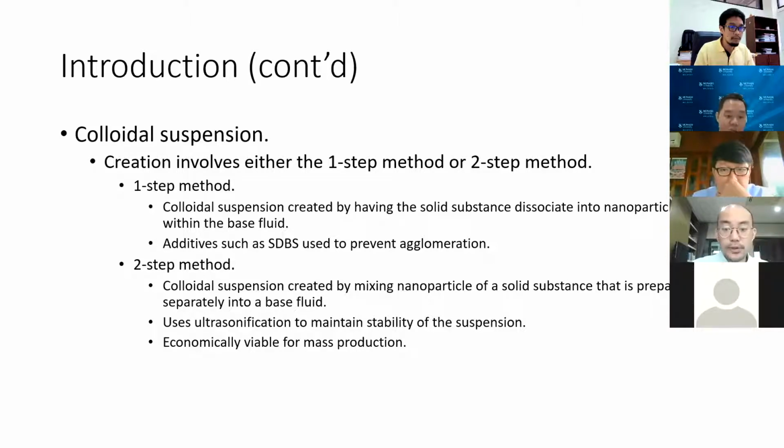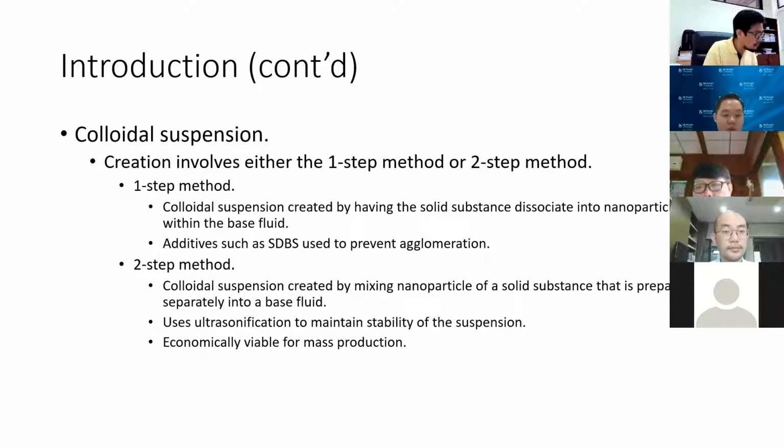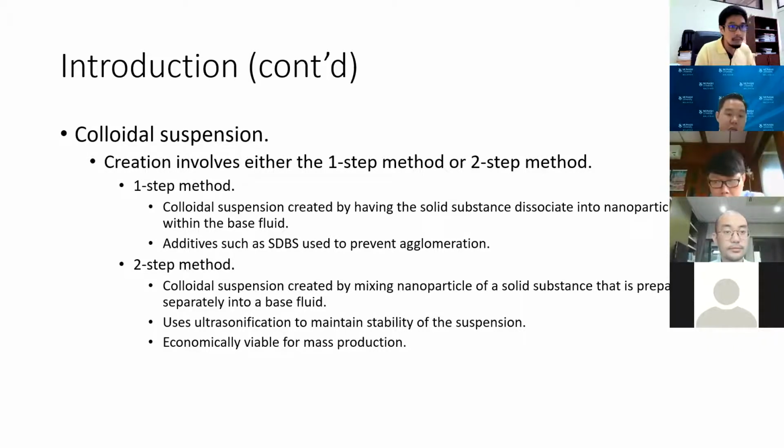For the two-step method, the colloidal suspension is created by mixing nanoparticles of a solid substance that is prepared separately into a base fluid. The base fluid can be water, ethylene glycol, or oil. Then we use ultrasonication to maintain stability of the suspension. This method is more economically viable, and it can be mass produced.